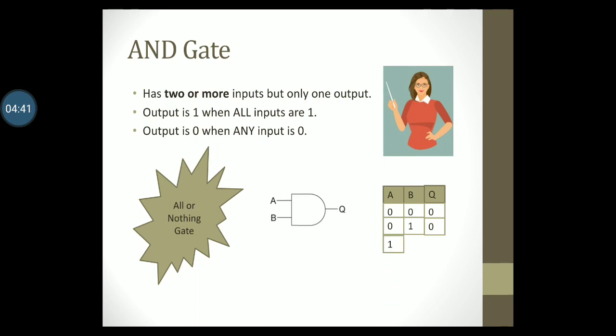If input A is 1 and B is 0, output Q will be 0. Again, since one of its inputs is 0. However, if input A is 1 and B is also 1, then the output Q will be 1, since all the inputs are 1. The logic equation of the AND gate in terms of its input and output can be written as Q is equal to A dot B.